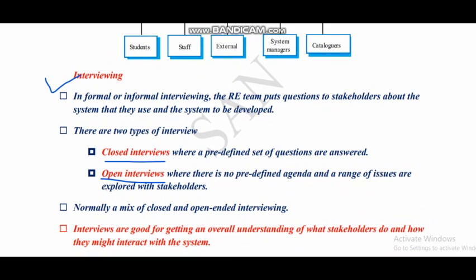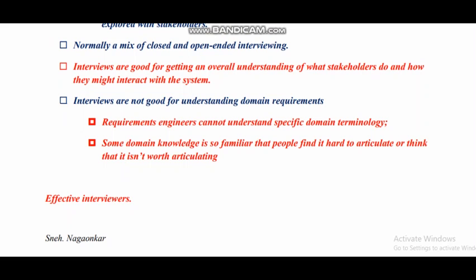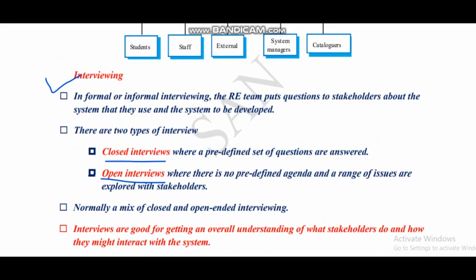Closed means a structured way of interviewing. Open means the questioning depends upon how the interviewee, the person you are interacting with, is responding. Those are called open interviews. So interview is one of the ways of requirement discovery.